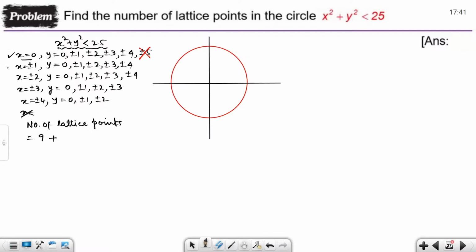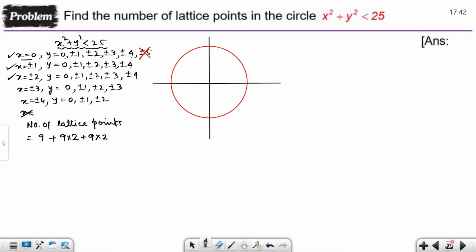For plus 1 we are getting 9, and for minus 1 again we are getting 9. So a total of 18 lattice points are possible when x is plus minus 1. Similarly, for x equals plus minus 2, we are going to get 9 into 2, that is 18 lattice points.